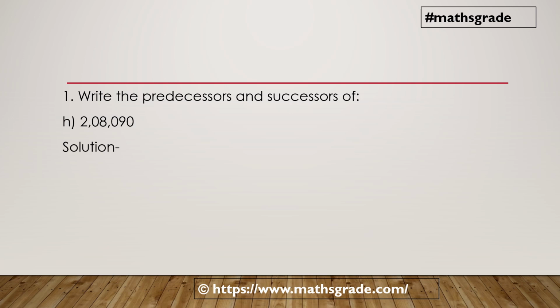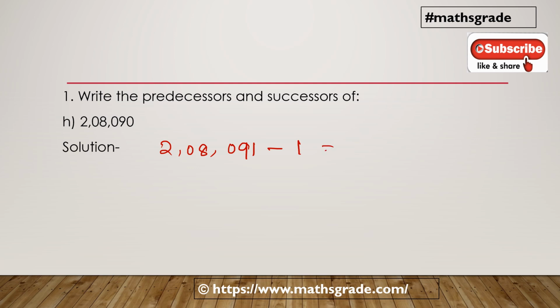We have to subtract 1 from this number, we get the predecessor of the number 2,08,090. So subtracting 1 from 2,08,090 is 2,08,089. 90 minus 1 is 89. So this is the previous number or predecessor of the number 2,08,090.